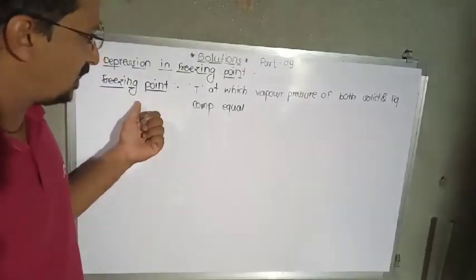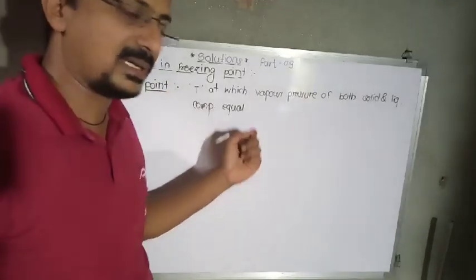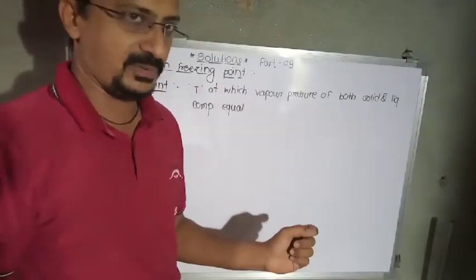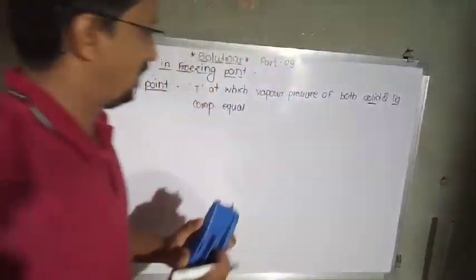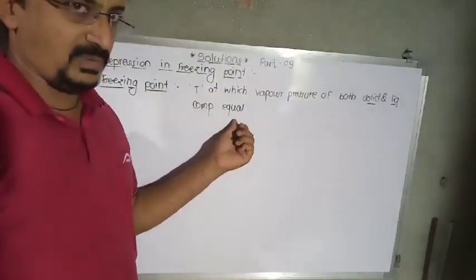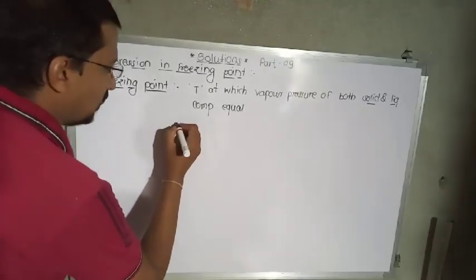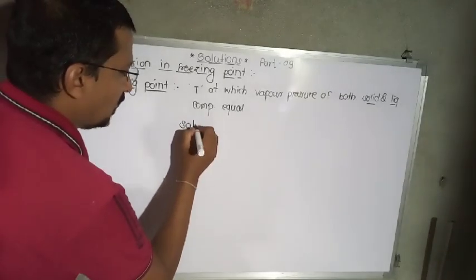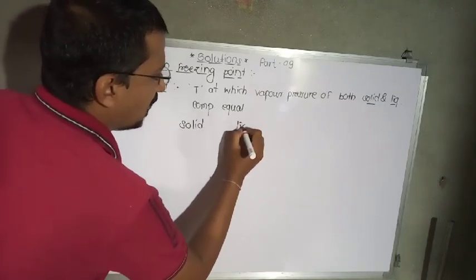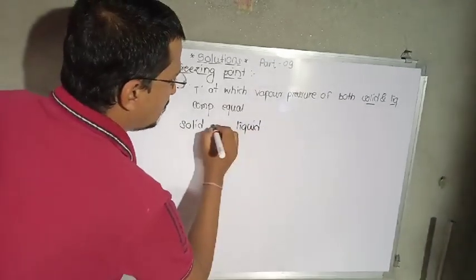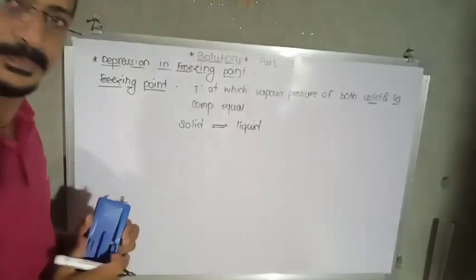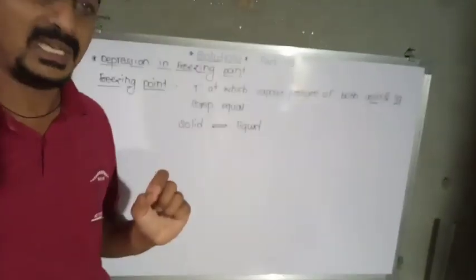Freezing point is defined as the temperature at which the vapor pressure of both the components, that is solid and liquid components, becomes equal. Or in other ways we can also say that it is the temperature at which the solid component and liquid component, both these components are at equilibrium.